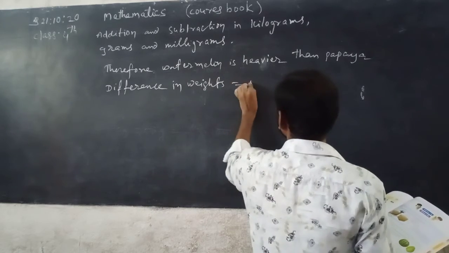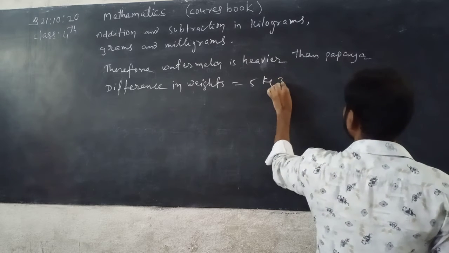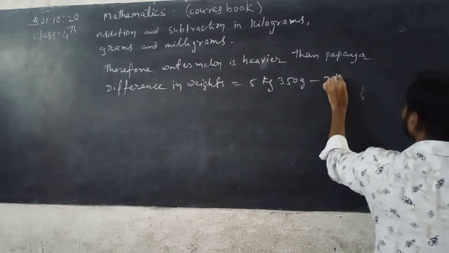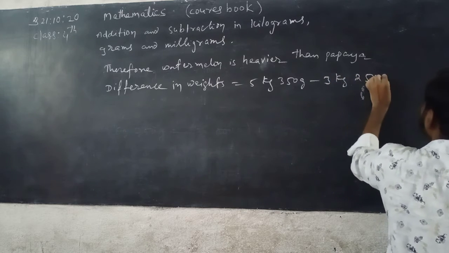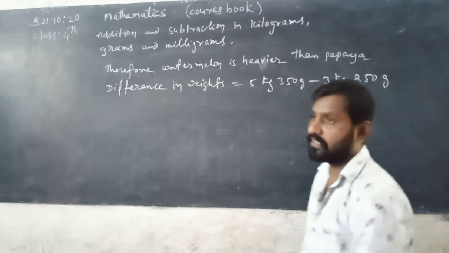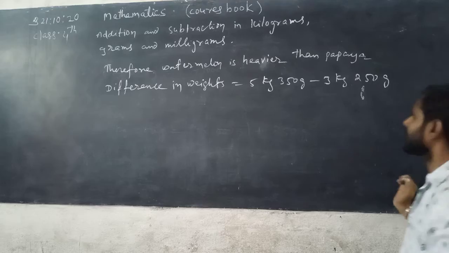So next, difference in weights. That is 5 kg 350 grams minus 3 kg 250 grams. You can write separate columns of kgs and grams.